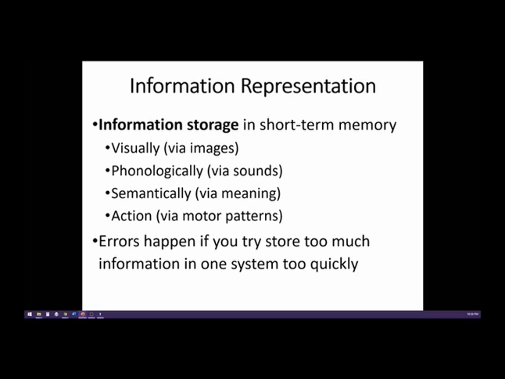And even though we have that, we can retain 7 plus or minus 2 bits of information, and we can retain them for about 20 seconds. Just like when we talked about attention and having limited capacity there, we can have some limits to our short-term memory whereby we can have errors occur if we try and store too much information in one system too quickly.